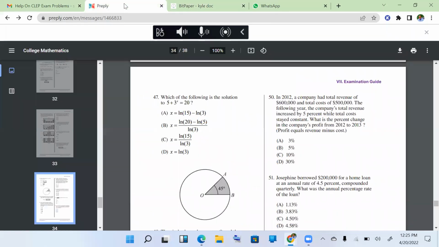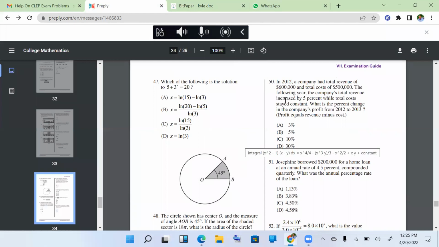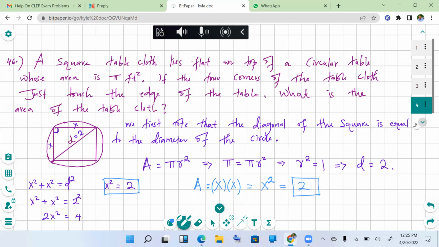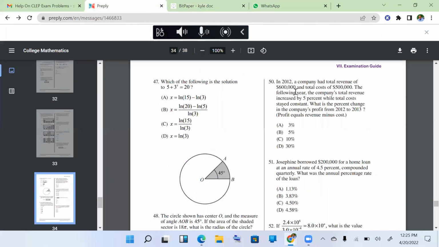Now we move on to question number 50. Question number 50 reads, in 2012, a company had total revenue of $600,000 and total costs of $500,000.